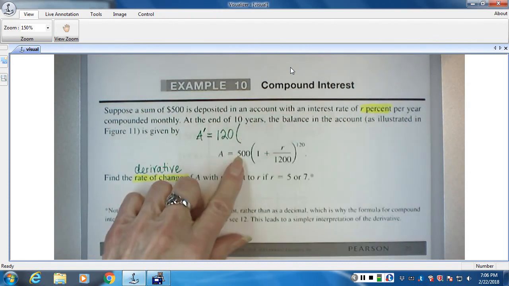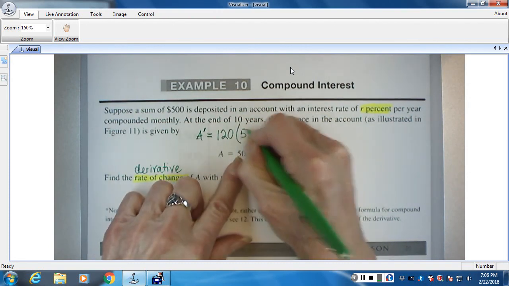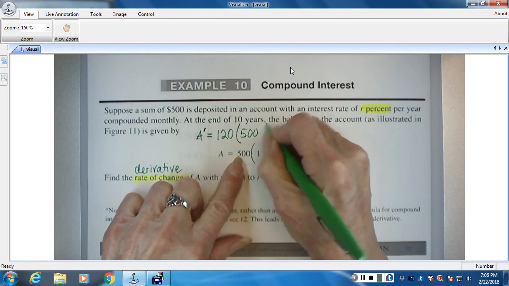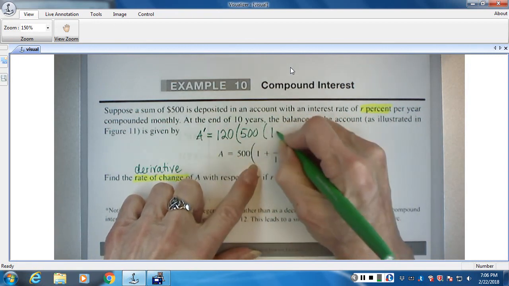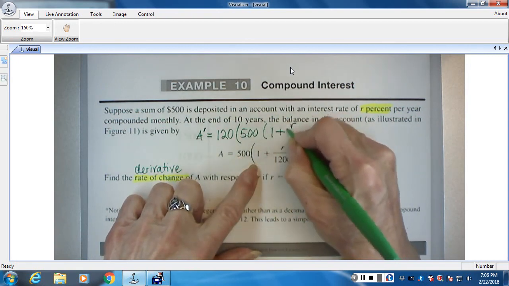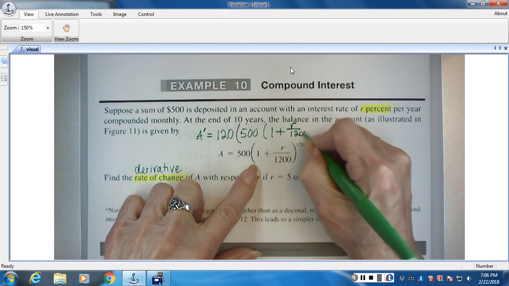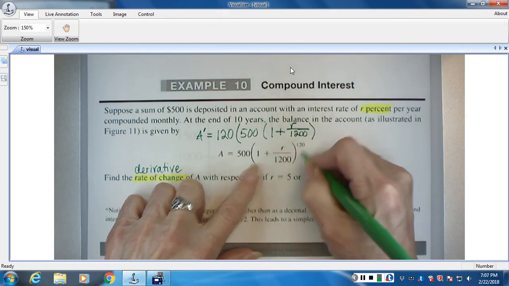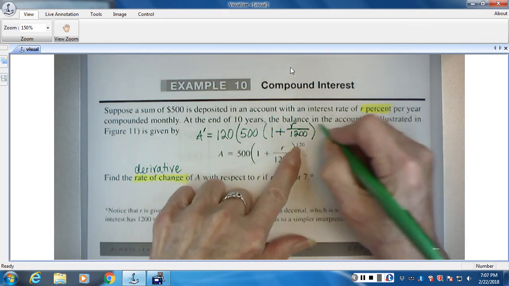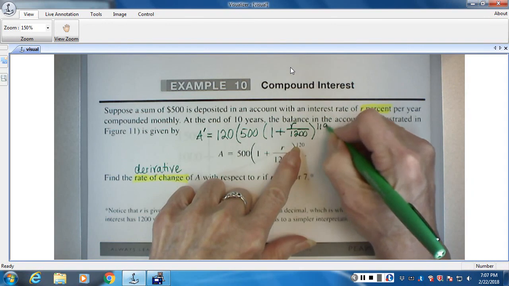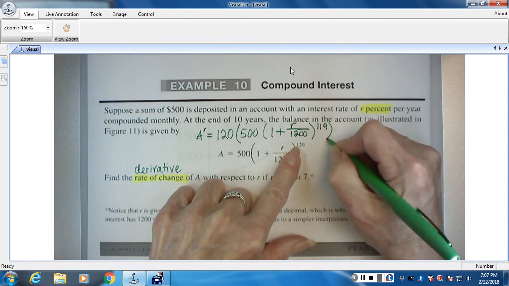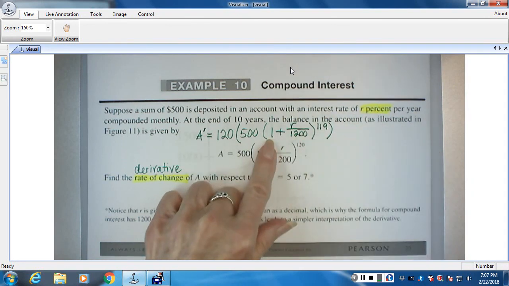We're going to keep the 500 right where it is. We're going to keep what's in the parentheses just exactly like it is. We're going to drop the power by 1. Then we're going to take the derivative of what's inside the parentheses.